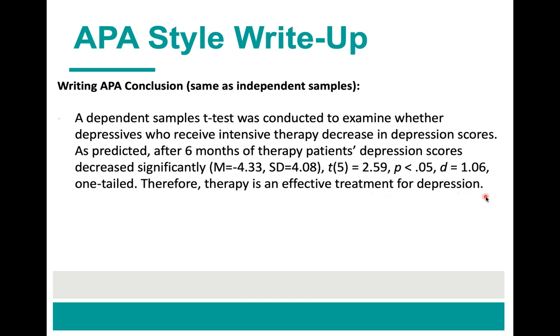Therefore, therapy is an effective treatment for depression. So we provide our test, we provide our research question, we provide the results of our statistics, both the descriptive stats and the inferential stats, and then we provide a take-home message.